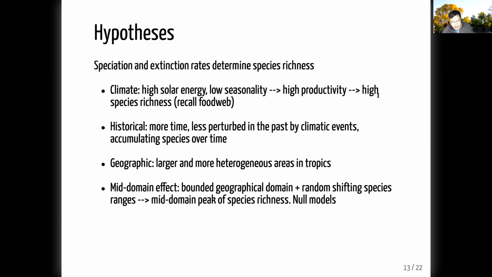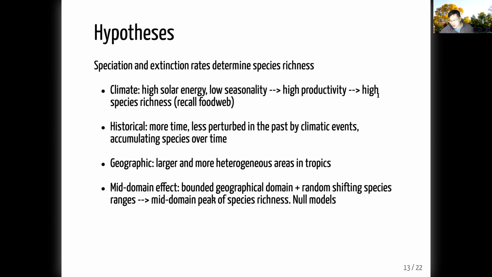Then we can compare what we observed with this null distribution. If the observed value is far away from the null distribution, then we can safely say the observed pattern cannot be produced by chance.